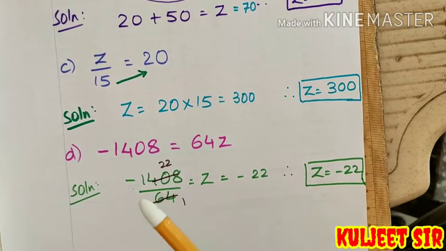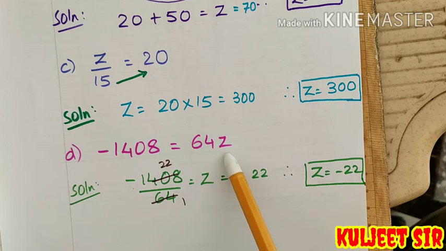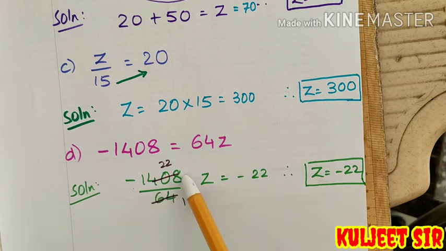And the last one today, minus 1408 is equal to 64 z. I told you 64 multiplied by z. Now there is a multiplication sign here. It is not shown, it is not seen, but 64 into z is there. So we know that this is multiplication. So what are we to do? We have to divide. So you can see in the solution, minus 1408.